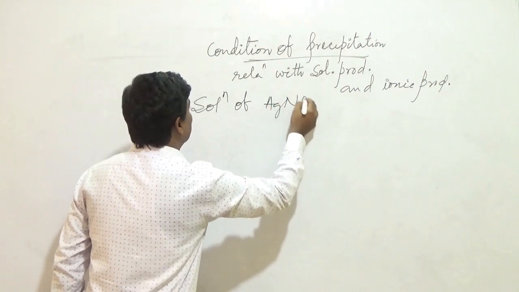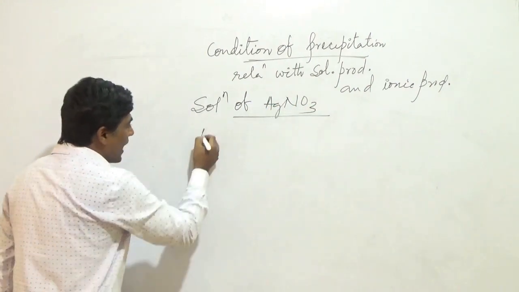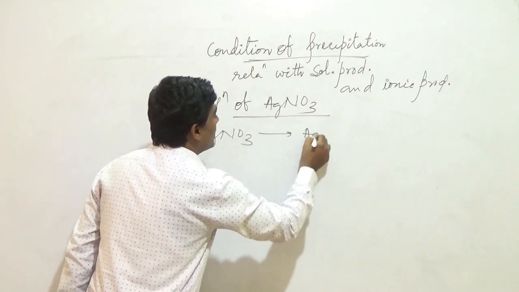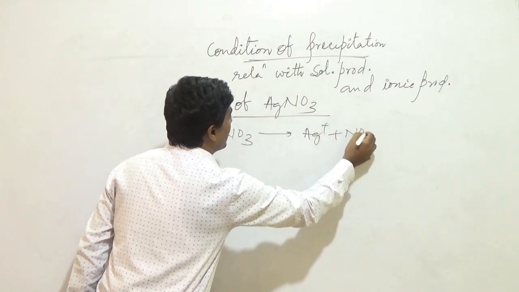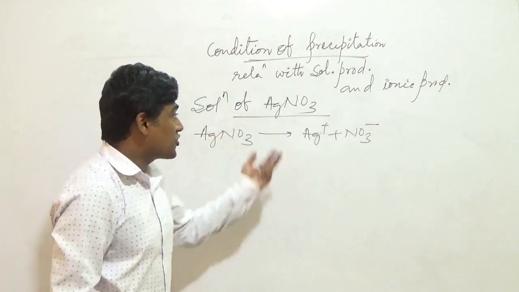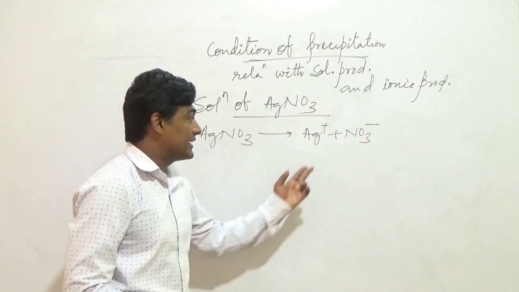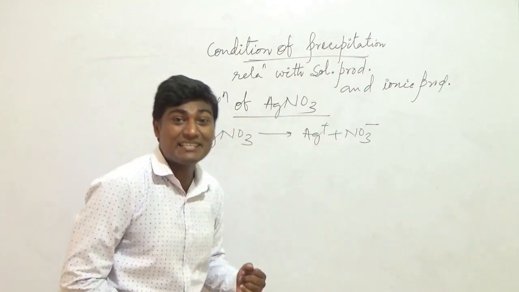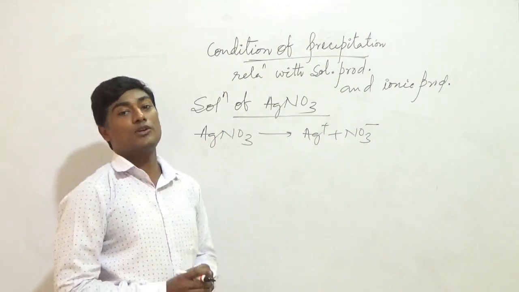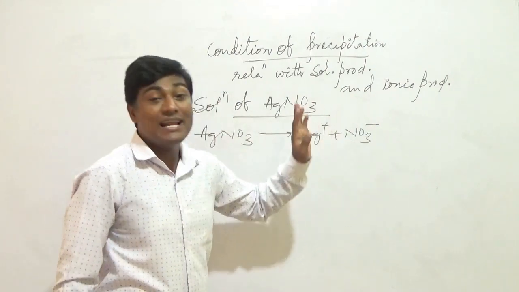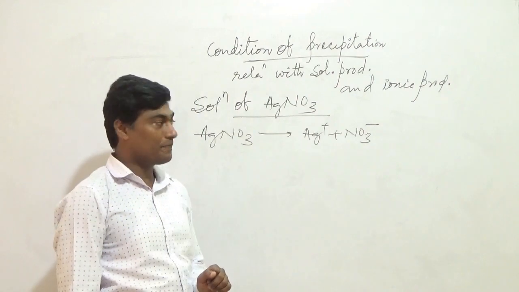AgNO3 dissociates into Ag plus and NO3 minus. It is a strong electrolyte, so silver nitrate dissociates into these ions in solution. So in the solution there are already Ag plus and NO3 minus ions.